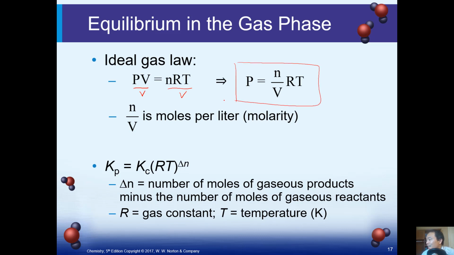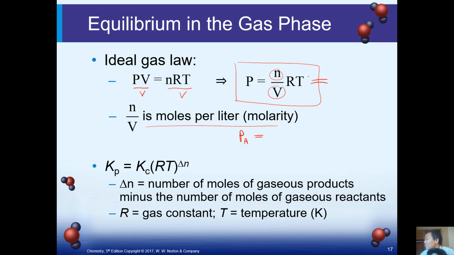Do remember, n is the number of moles. Moles divided by V, which is in liters in the ideal gas law. So this n over V is actually the concentration. For example, for a substance A, let me rewrite the top one.